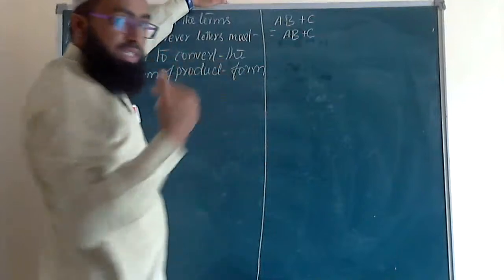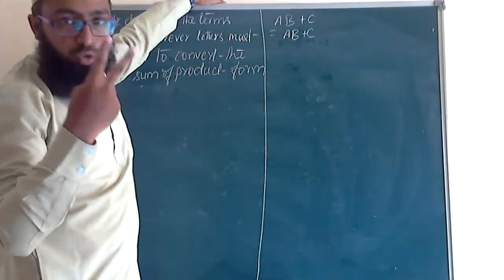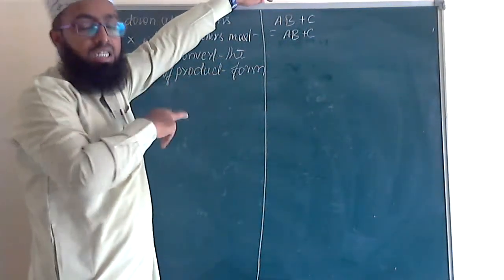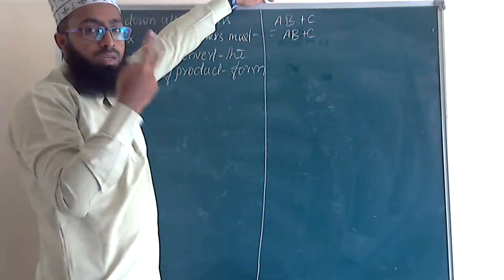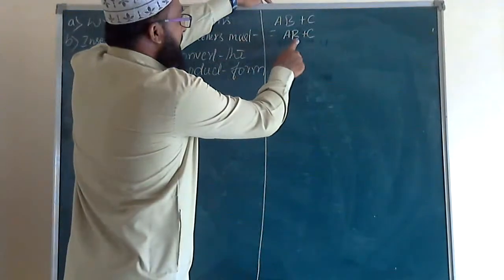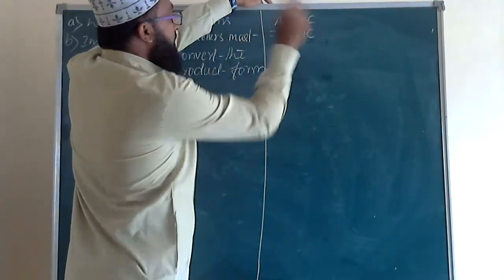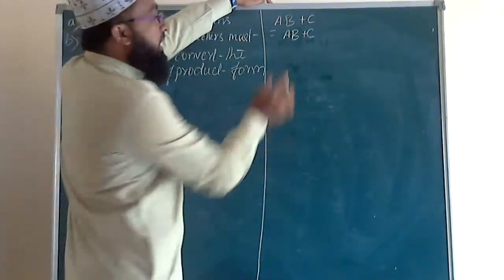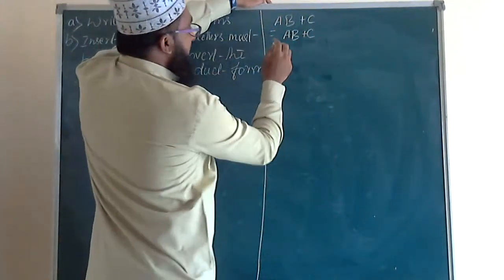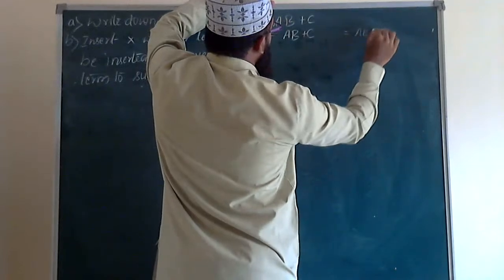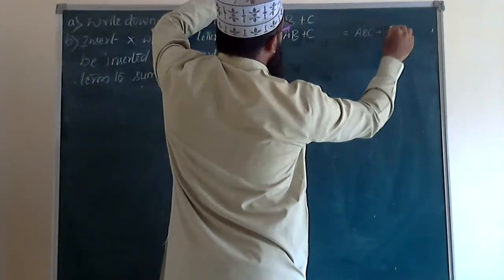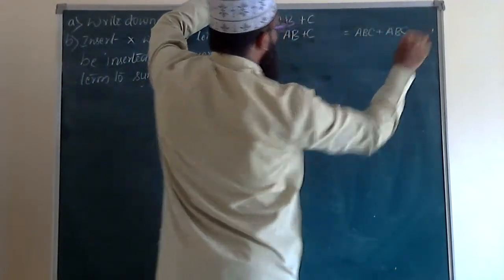In the previous example, there were only two variables, so we made that expression into a two variable term expression. Here there are three variables A, B, and C, so we have to make every term three variables, just like ABC plus ABC.